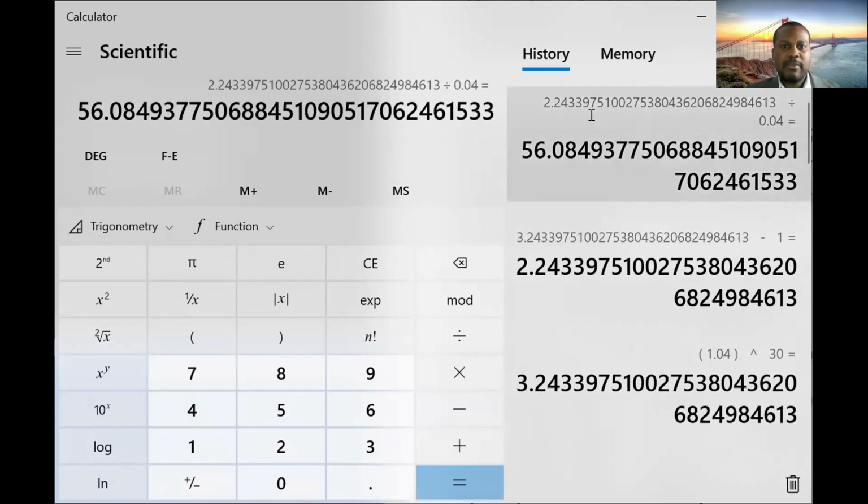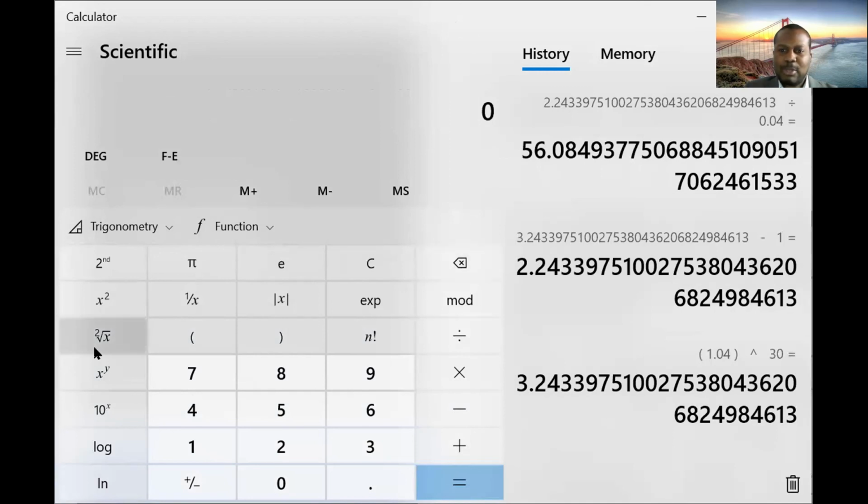That's 56. So there's something slightly off there. We need to get 95.03. So we have to go again, sometimes calculations.